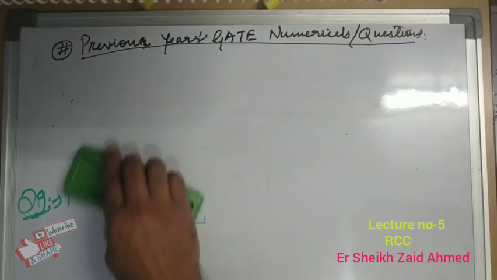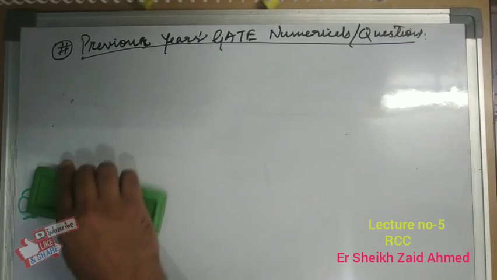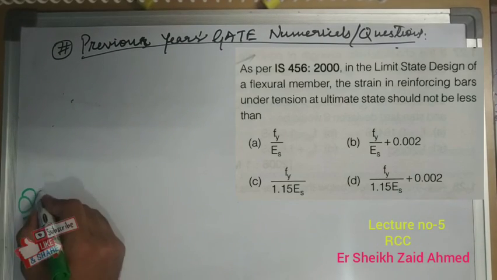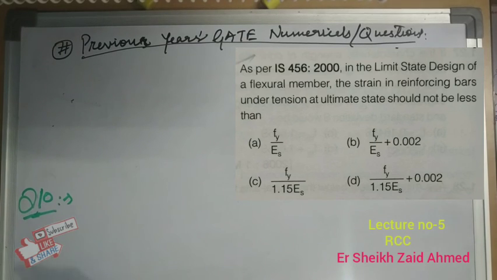Now we will move on to the last question of today's lecture. Our last question says, as per IS 456 2000, in the limit state design of flexural member, the strain in reinforcing bars under tension at ultimate state should not be less than.